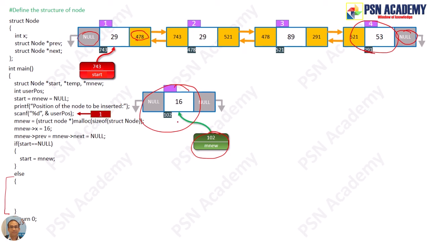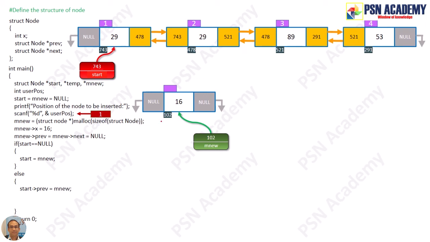Now we want this new node to be inserted in the first position in the list. If this new node wants to be in the first position, then the prev pointer of the first node at present will point to the new node, right? So you write start prev equal to mnew.